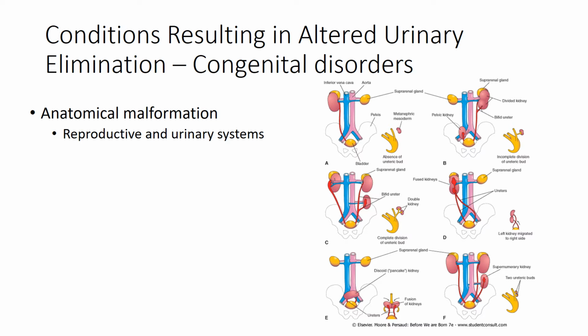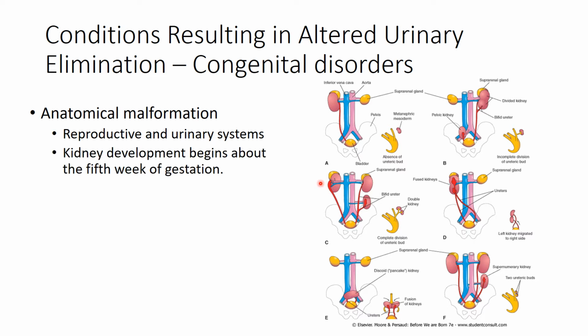Here in this image over here to the right, we have several examples of this anatomical malformation. Kidney development begins about the 5th week, and so it's highly susceptible towards teratogens or any kind of disturbance in development, right? It's really before you've identified that you're already pregnant, so you might be carrying on life as if you weren't. Well, you're exposing your fetus to all those life events as well.